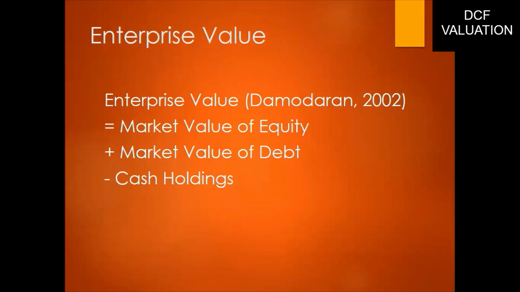But to compute for enterprise value, let's say using the Modoran's formula, this is simply the sum of the market value of equity plus the market value of debt, minus or less the cash holdings of the company. We will explain that later. So the enterprise value can be thought of as the effective cost of buying a company. So this is the theoretical price of a target company.